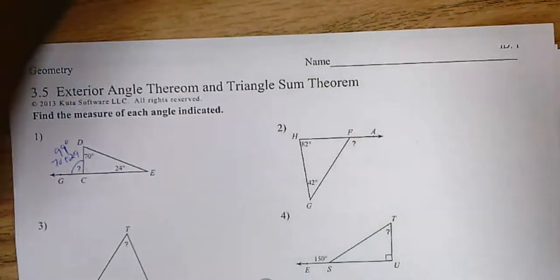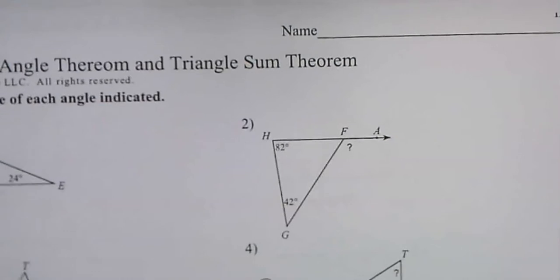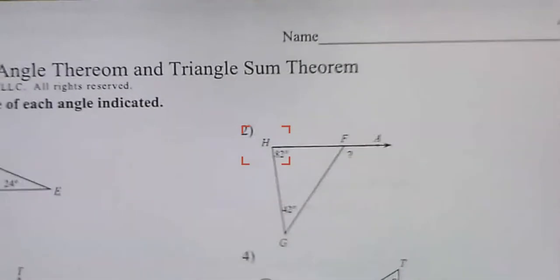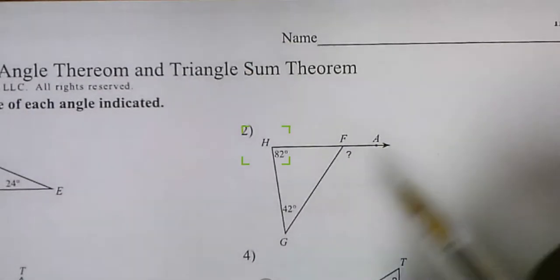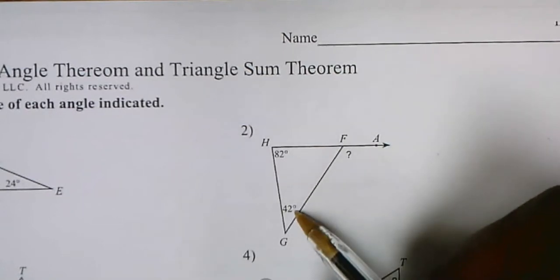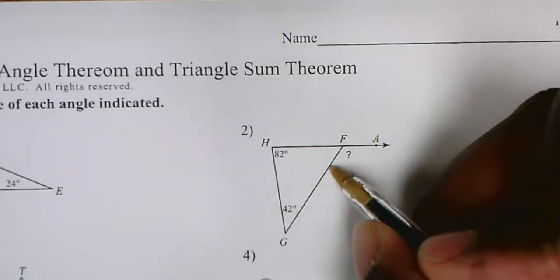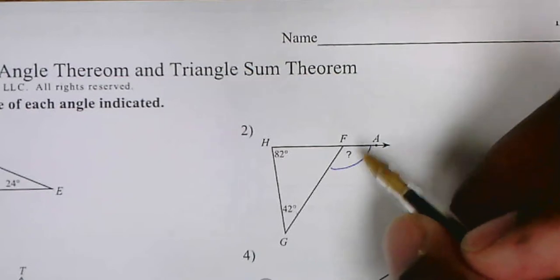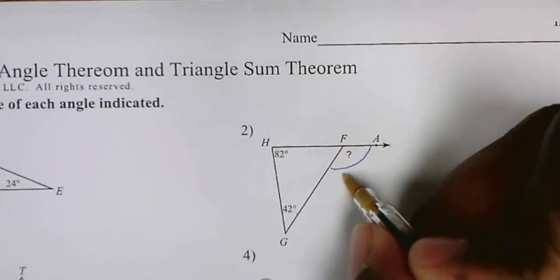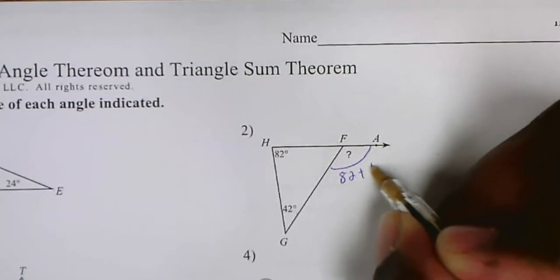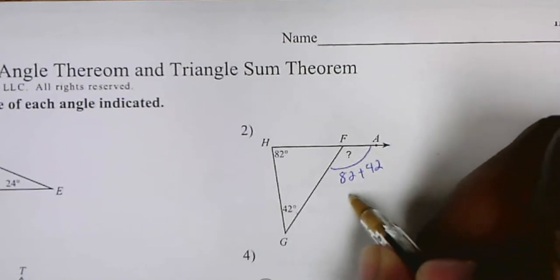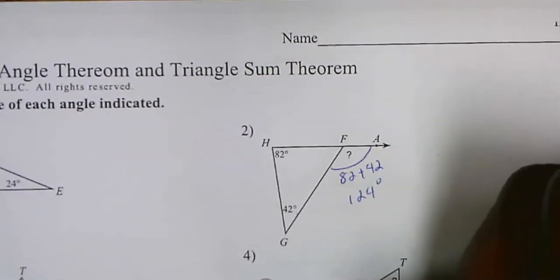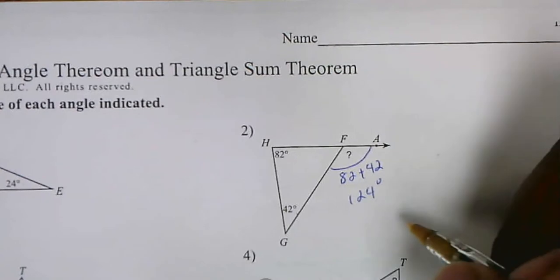Look at a new one. In this one, it said find the measure of this angle. So here, we have these two angles being 82 and 42, and I want to find this exterior angle. Well, our theorem now says that this angle has to be 82 plus 42. That's 124 degrees. And I can prove it.